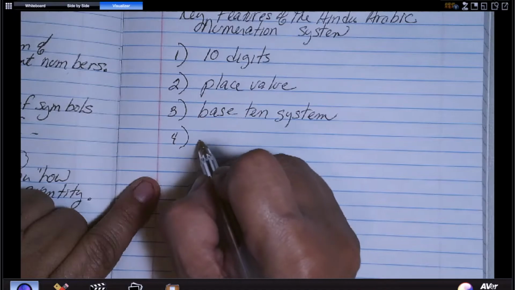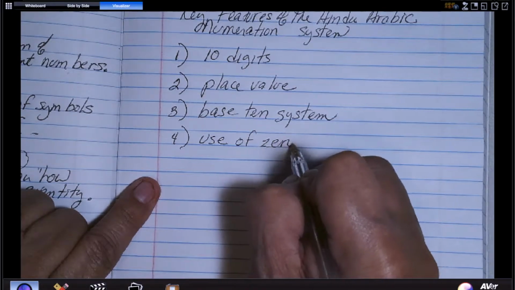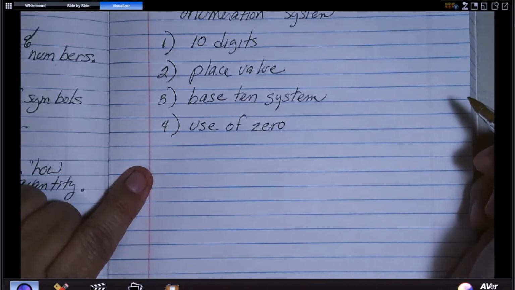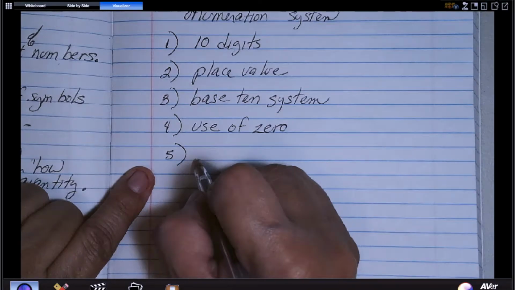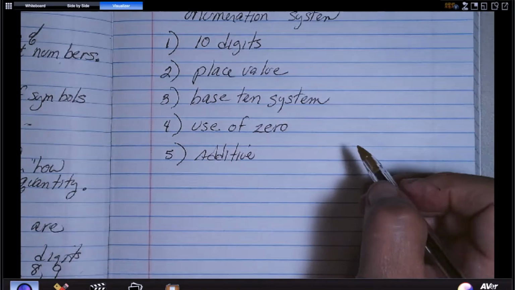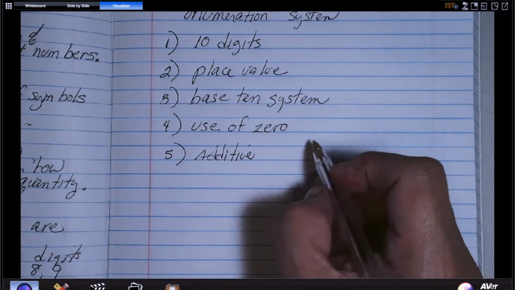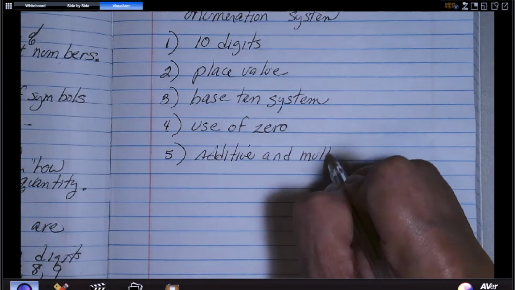Our number system uses the 0 as a placeholder. And then our number system is additive and multiplicative. We will go through some examples of each one of these in a second.